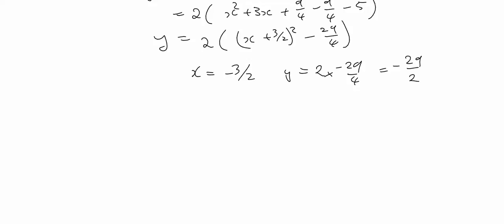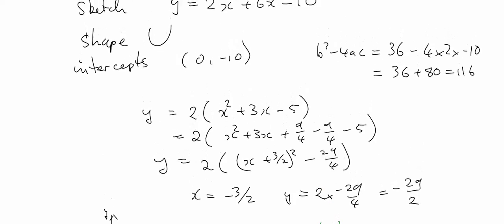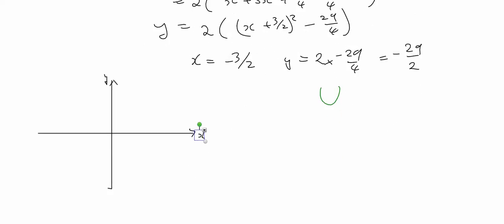And so to sketch a curve, we know the curve has the U shape. We know it goes through (0, minus 10), which would be down here somewhere.